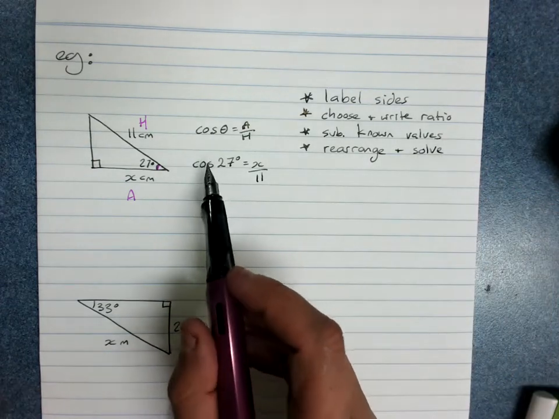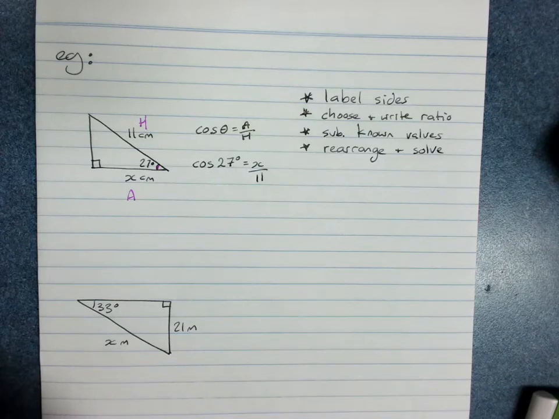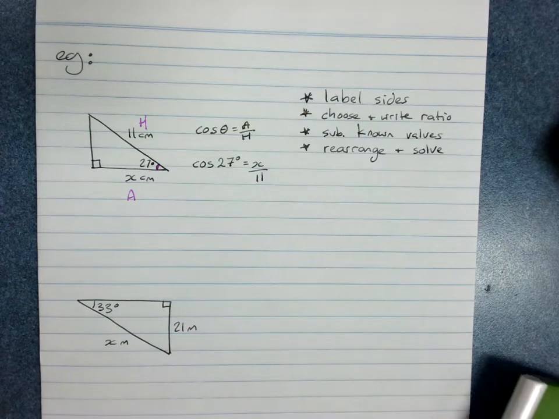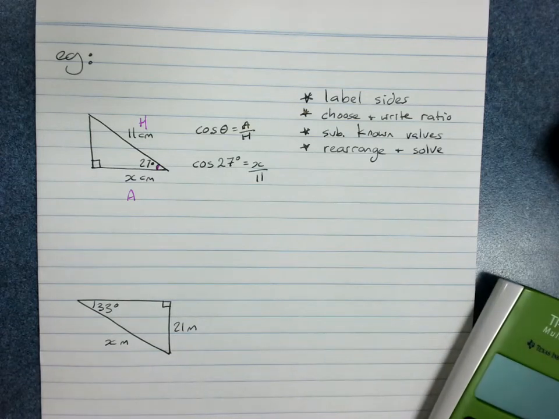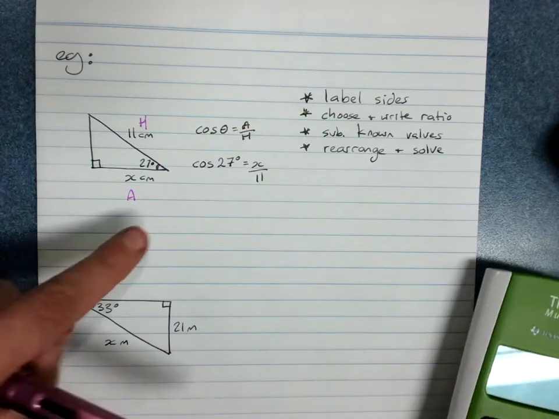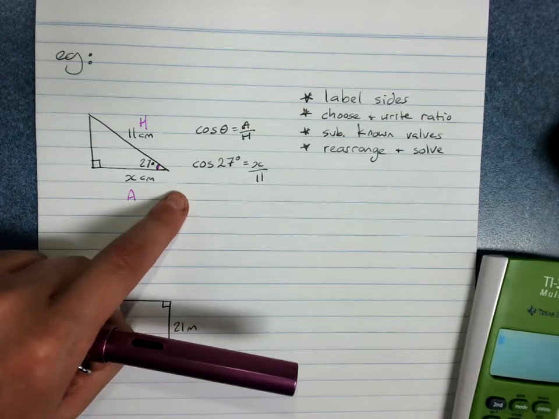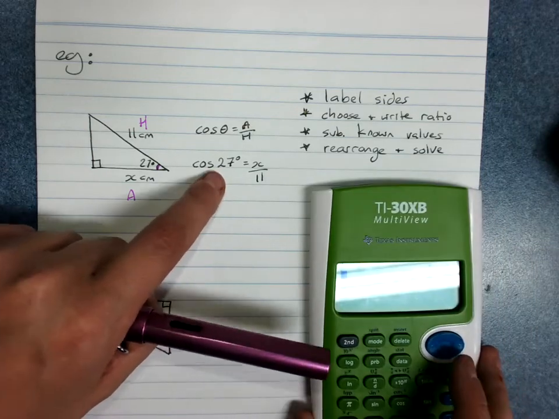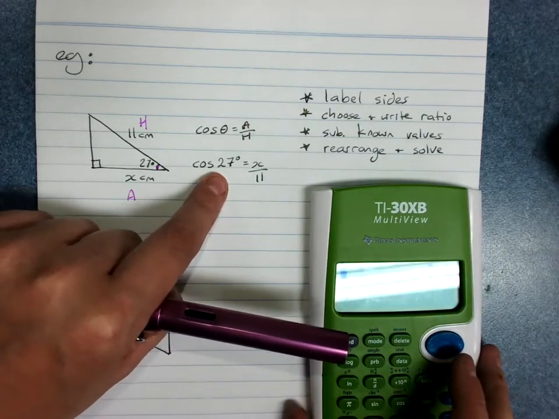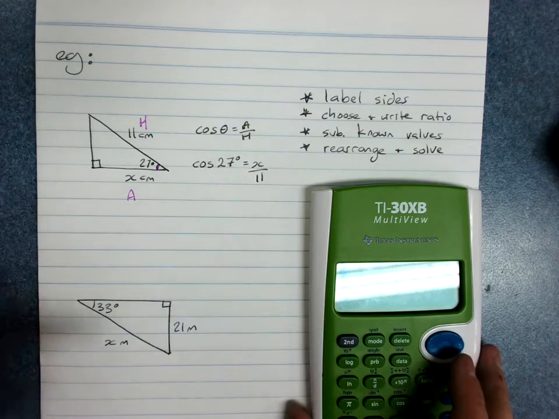Now, if I typed cos of 27 degrees into my calculator, I would get a number. It would be a decimal or a fraction. At this point, in your calculator is stored what the cos ratio should be for a 27 degree angle.